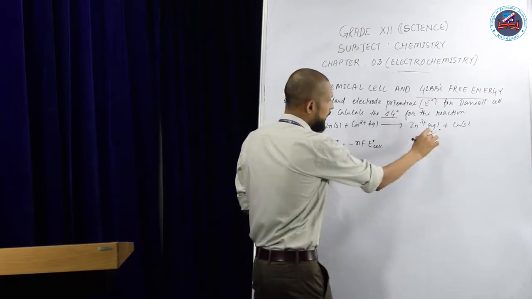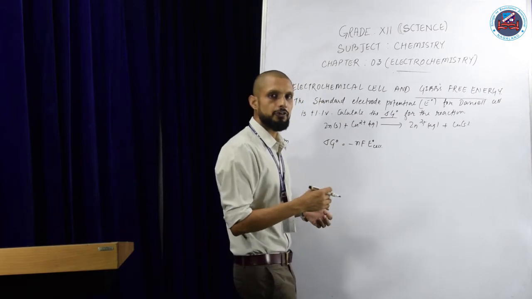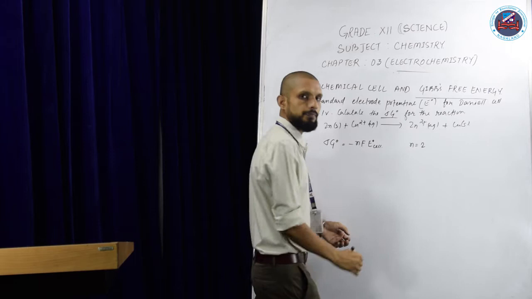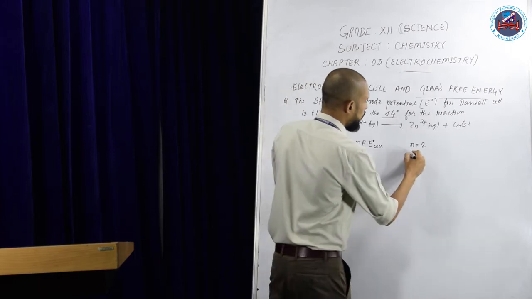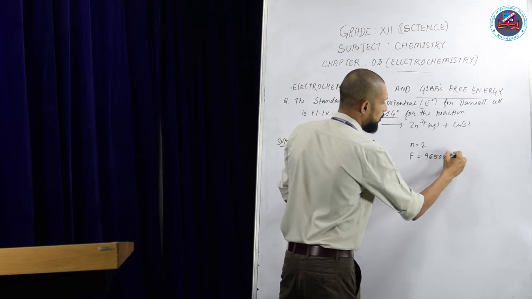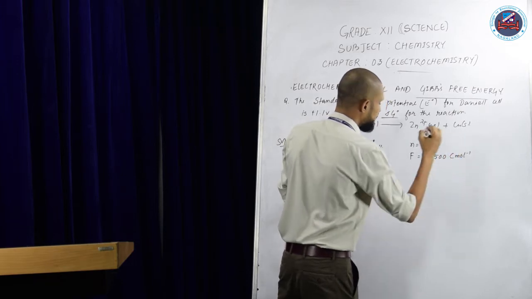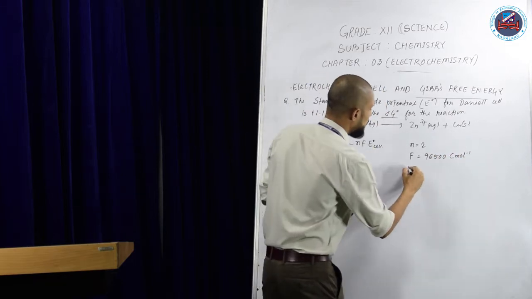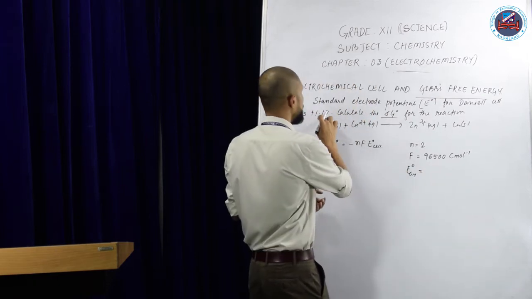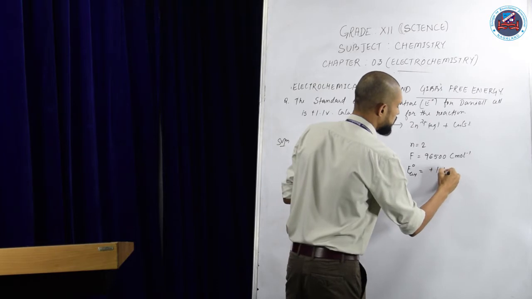So if you see the reaction, the number of electrons transferred is equal to 2. So n equal to 2. F is Faraday's constant. You know the value, 96500 coulomb per mole. E naught cell value is given, is equal to plus 1.1 volt.